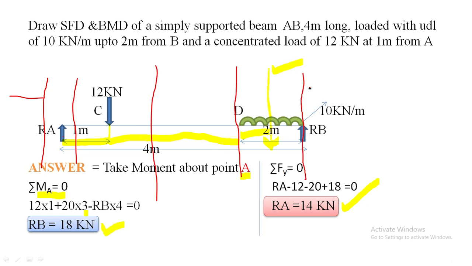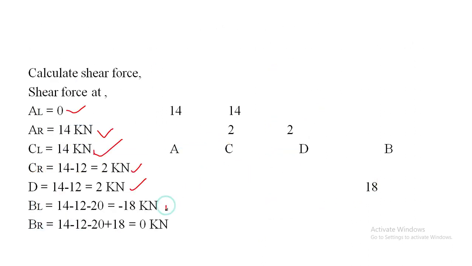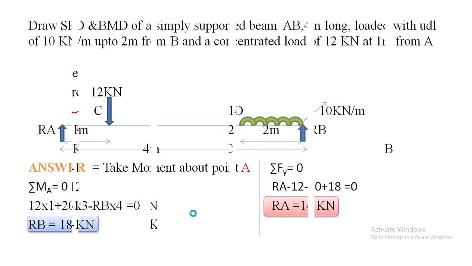Now see, left of that section line there are RA, 12 kilonewton, and the UDL load. RA is going in the upward direction, so consider plus 14 minus 12, and this UDL is converted to a point load, that is minus 20 kilonewton. So it is minus 18 kilonewton.